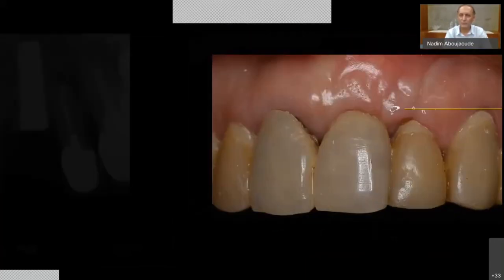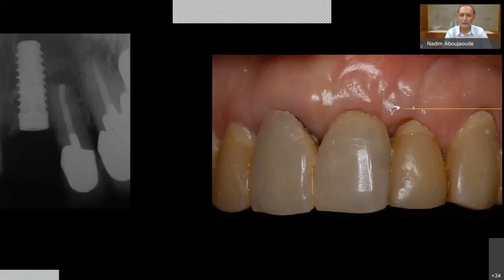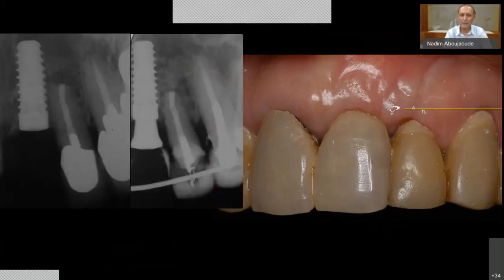Look what we did. We did eruption. This is before the eruption on the X-ray. On the second X-ray, you see the eruption. Please note the bone peak that we gained above the implant. By erupting the tooth, we created a papilla.